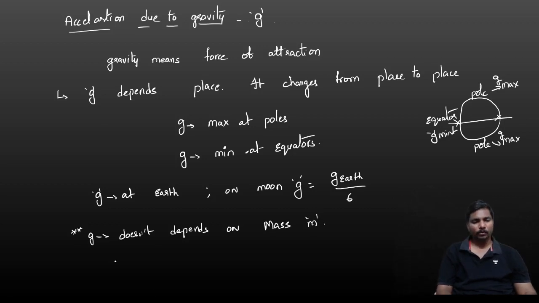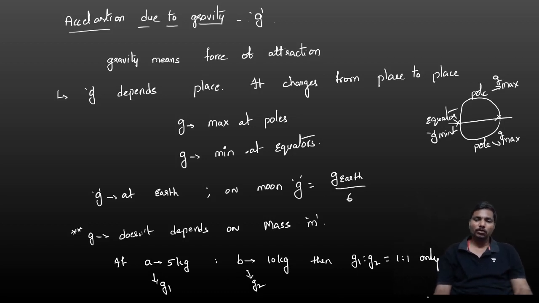For example, if A is 5 kg and B is 10 kg, then G1 to G2 is not 5 to 10, that is 1 to 1 only. G1 is equal to G2.